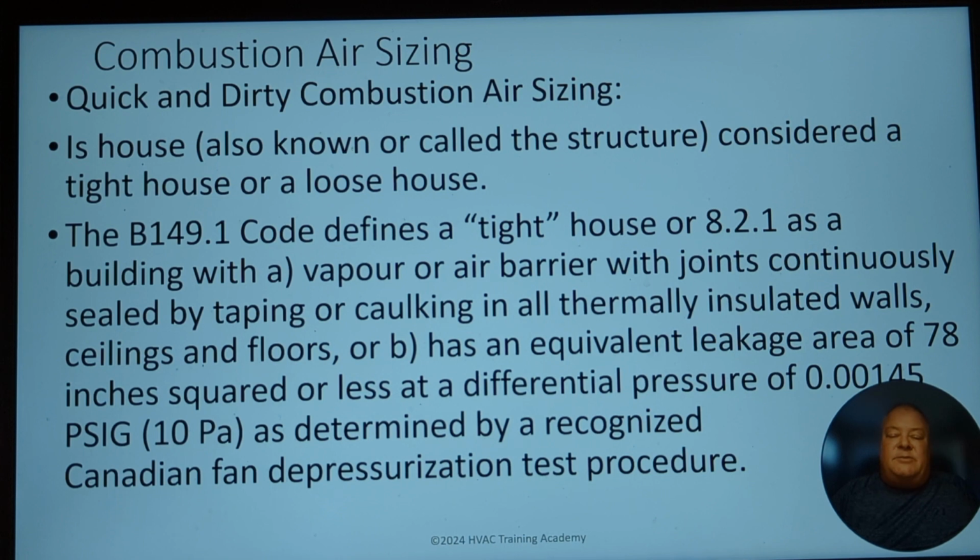You'll find a lot of times TSSA will also describe close-fitting windows in some of their descriptions, which again would indicate tight construction at that point. So we really need to determine whether the house that we're going to be sizing is going to be a tight house or a loose house.